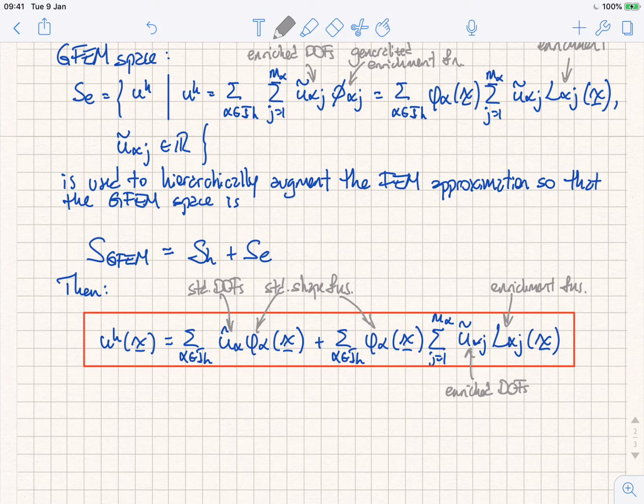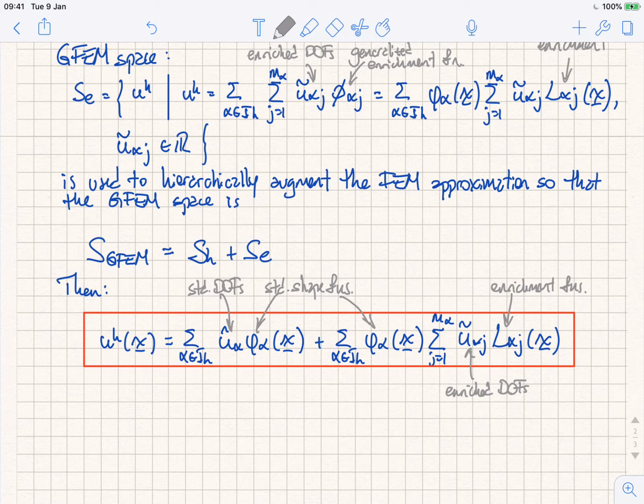You have a question? Yes. So similar to p-FEM, the enriched DOFs don't have any physical meaning? Correct. Unless you do something particular, those enriched degrees of freedom normally do not have any physical meaning.